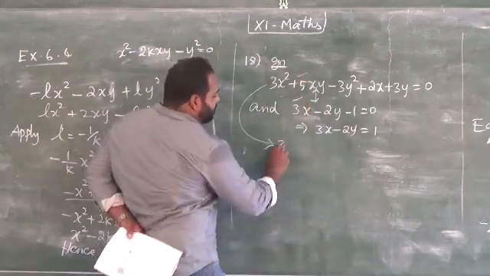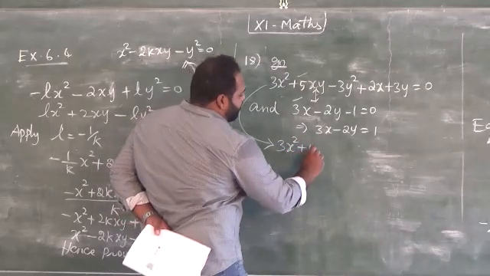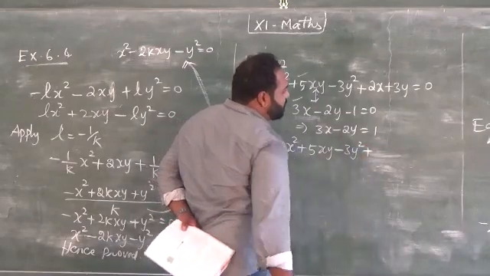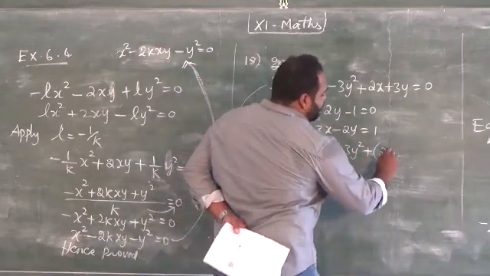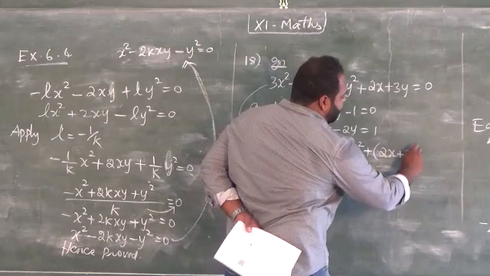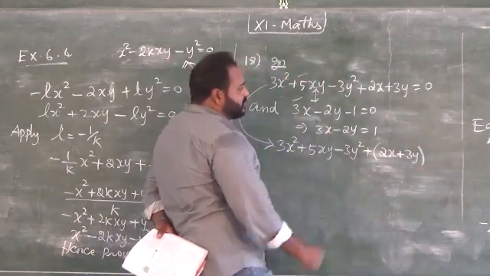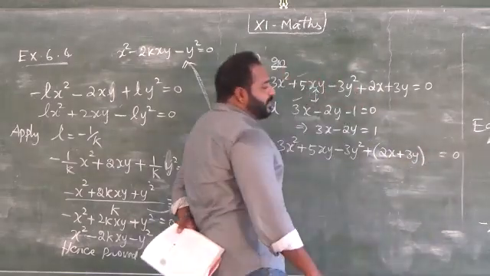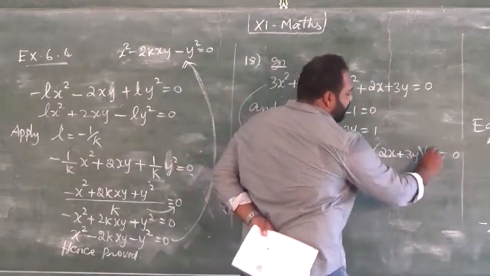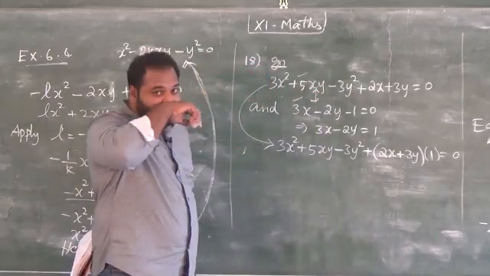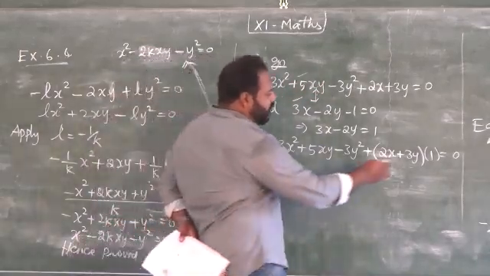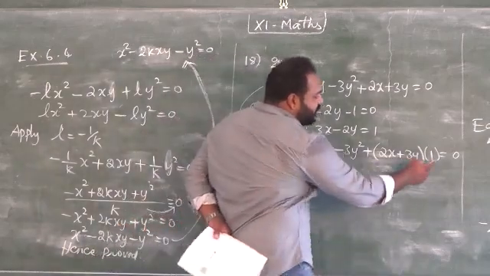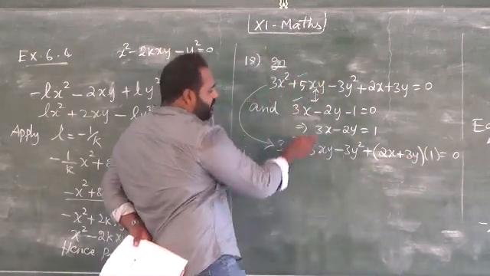So now 3x square plus 5xy minus 3y square plus, here this alone I am going to write in the bracket, because these two terms alone I am taking separately, equal to 0. Anyway, we know that always 1 is hiding everywhere. So I just consider this 1 for merging these two equations.